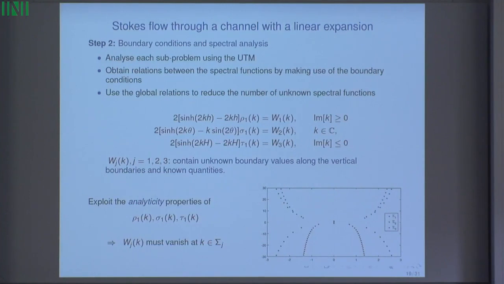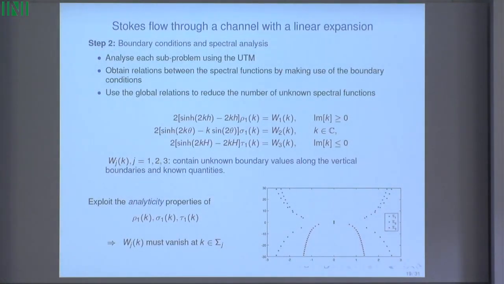You might recognize these expressions here. These are the spectra of this problem, the so-called Moffat eigenrelation. And then this corresponds to the odd eigenrelation, because the flow is symmetric with respect to the channel center line.